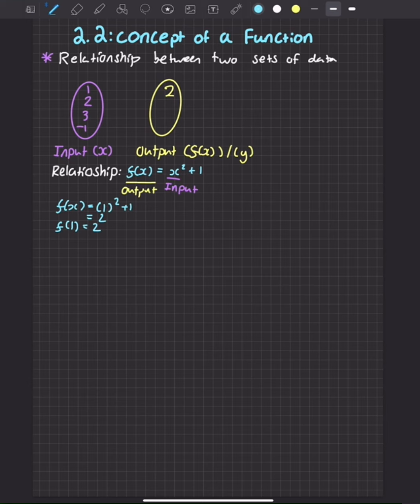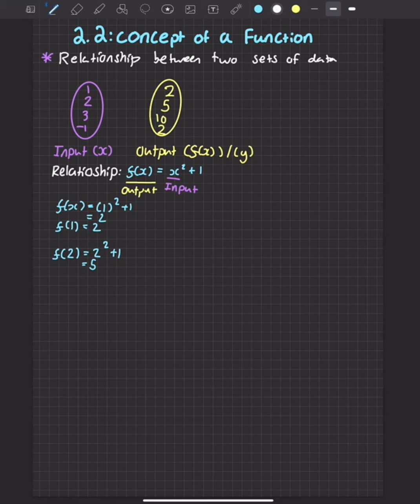And then you do it again for the other values. When your input is 2, your output would be 2 squared plus 1, which is 5. When the input is 3, the output is 10. And when the input is minus 1, the output is minus 1 squared, which is 1, plus 1, so 2.